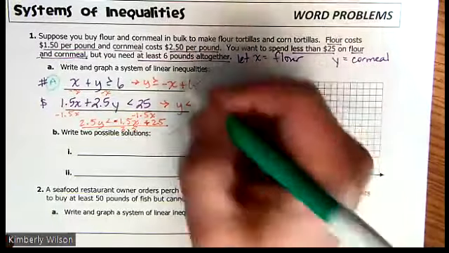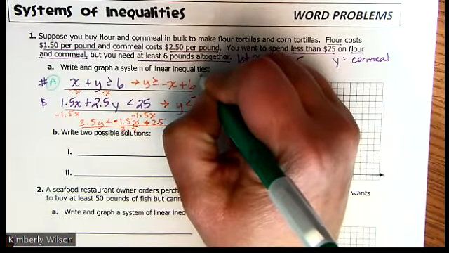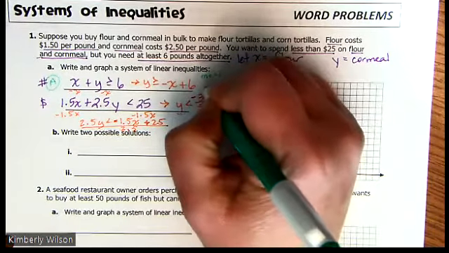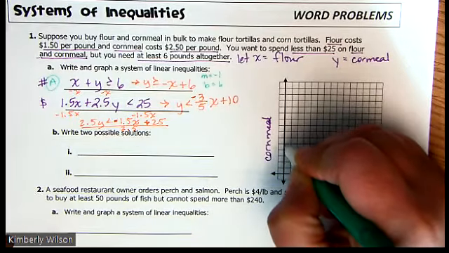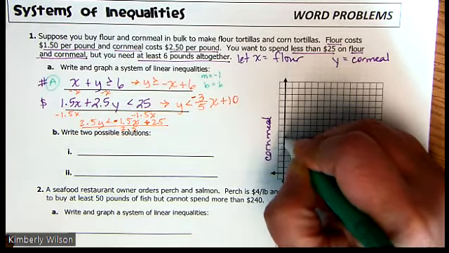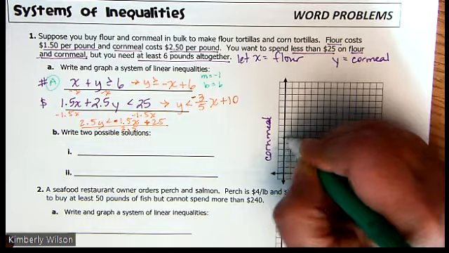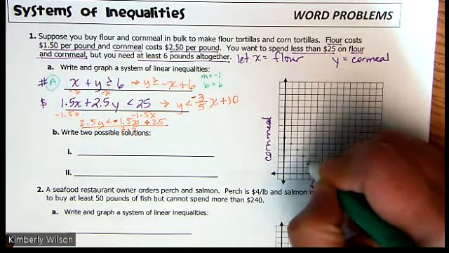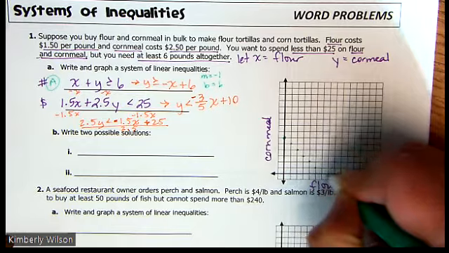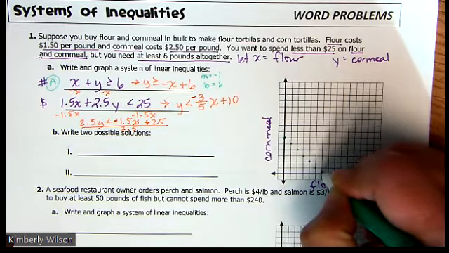We always graph the y-intercept first. So I have that my slope is negative 1 and my b is 6. So I have 1, 2, 3, 4, 5, 6, and then it's a negative slope. Now you have to be accurate, so you plot as many points as you can.